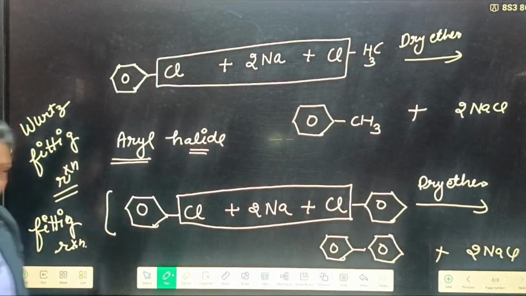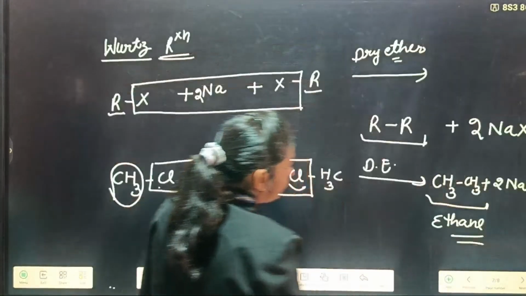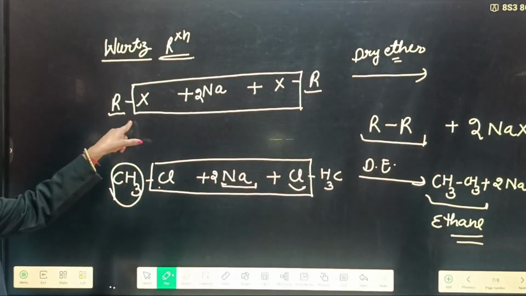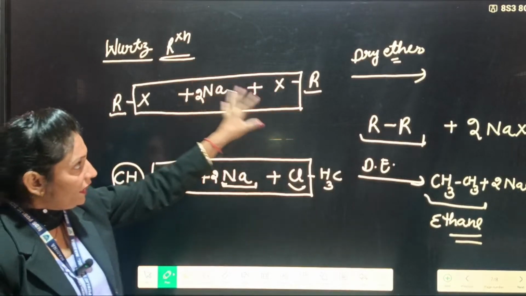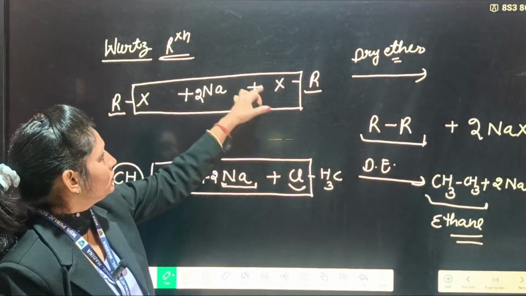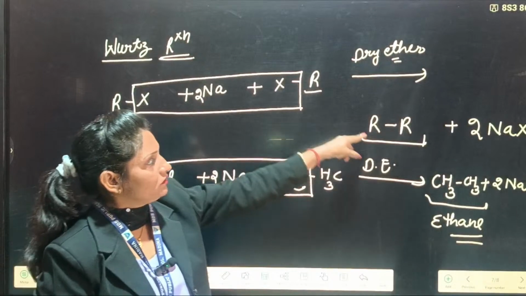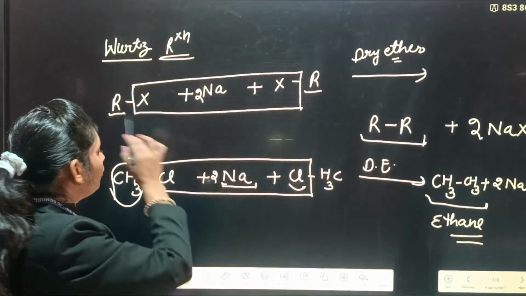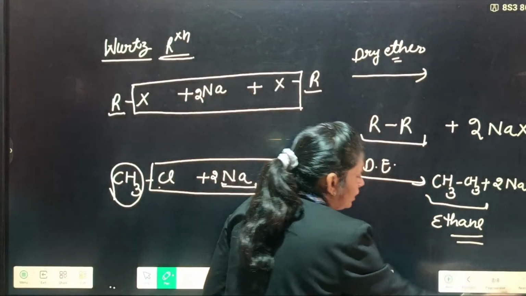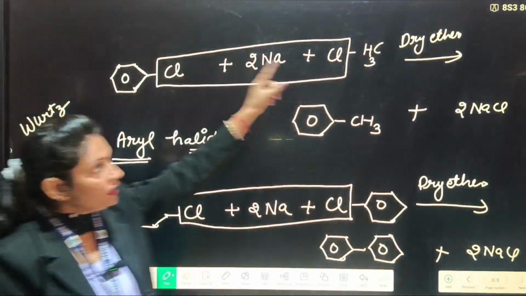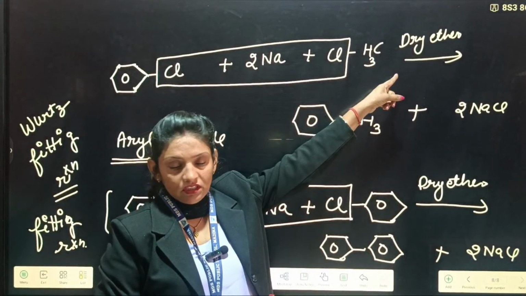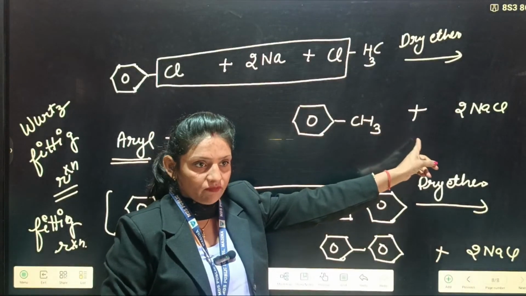Clear? If both alkyl halides you are having, alkyl halide and alkyl halide, the same reaction you are doing, just remove this one and attach this one and this one. This is the Wurtz reaction. One aryl halide and one alkyl halide, then Wurtz-Fittig reaction.